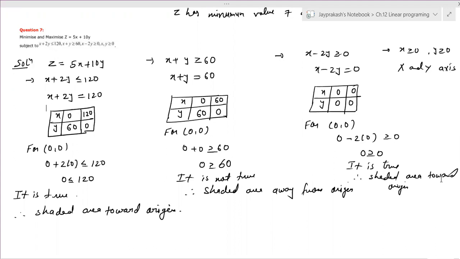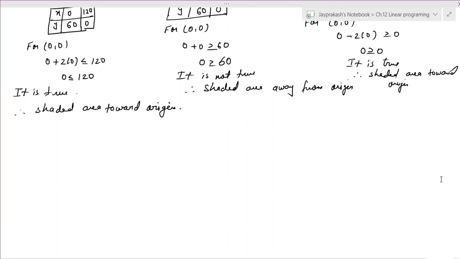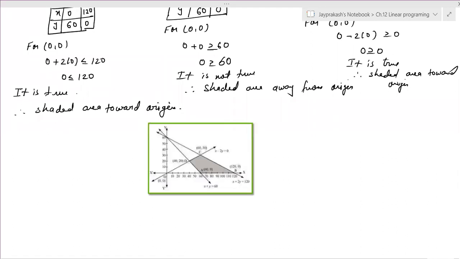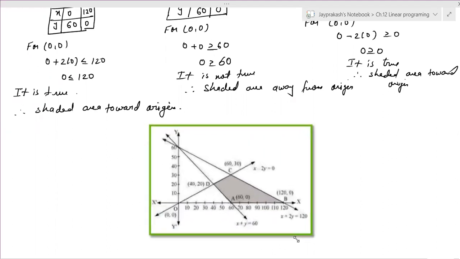So let's see the graphical representation. This is the graphical representation of four equations.